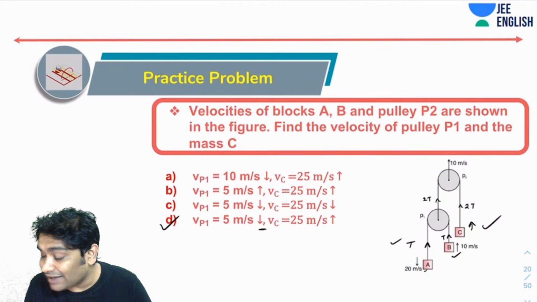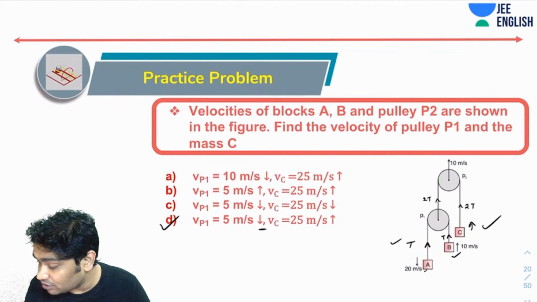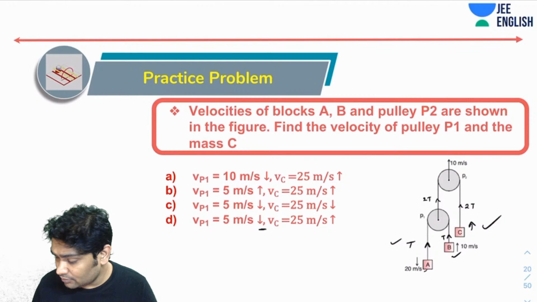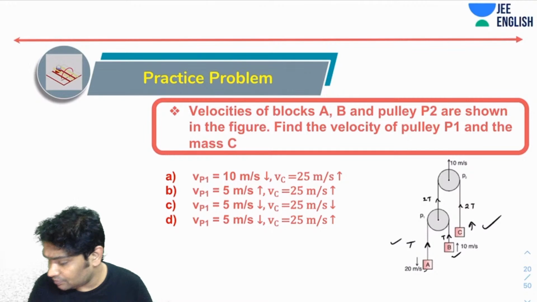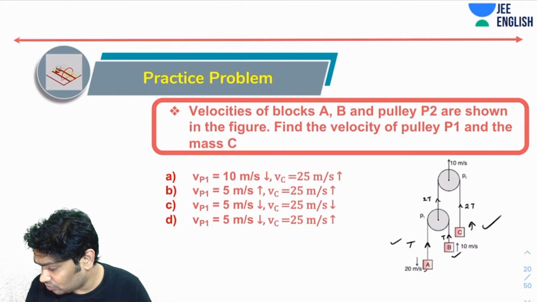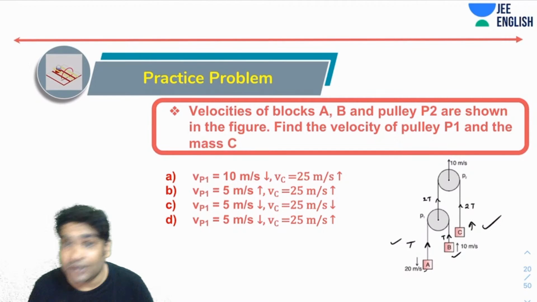So 5 meter up, that is the ground frame velocity. I hope they have asked ground frame velocities only. Yes, so it should be 5 meter up, not 5 meter down. Yeah, it should be 5 meter up.